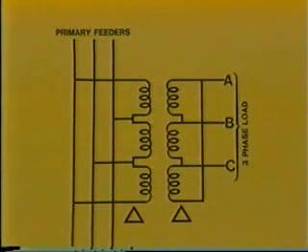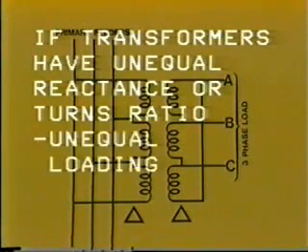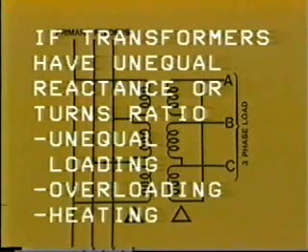If we interconnect single-phase transformers of unequal reactance or turns ratio, the resulting phase imbalance will cause unequal loading of the transformer, and this can lead to overloading and heating of the transformers, all this in return for no useful work.